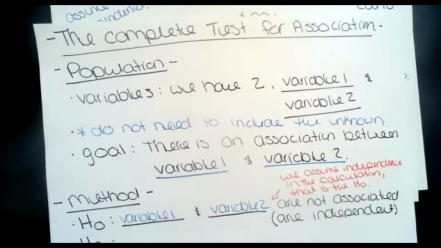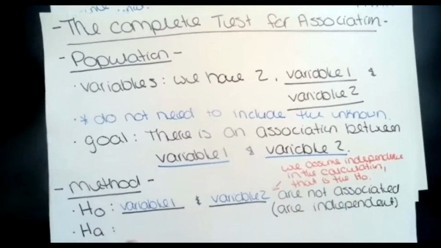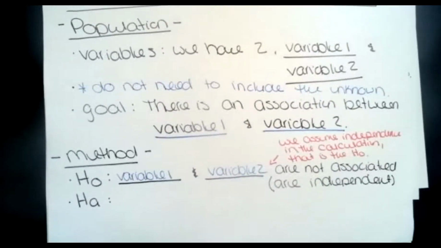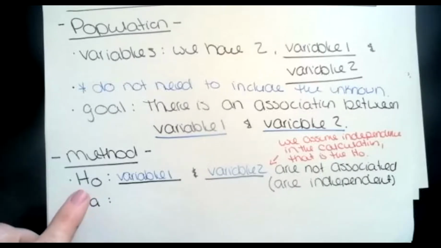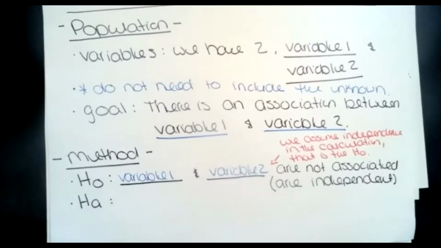Okay, so when we're assuming independence, you can word it two different ways. If you want to talk about the test as association or independence, what's nice about calling this independence is we're used to the null being an equals, right? When we're doing one proportion, two proportions, we're always used to the null being an equals. And you could say they are independent. That means they're equal, they're independent, right? Not that they're equal to one another, I want to say it equals independence.